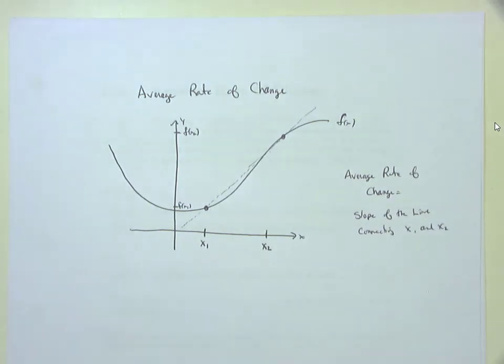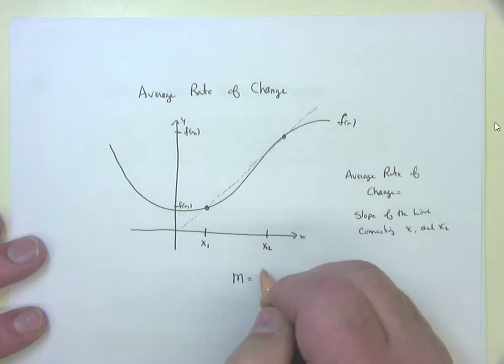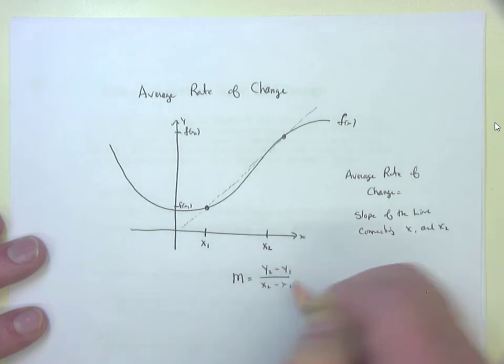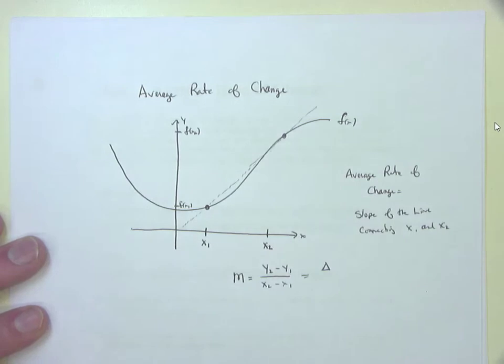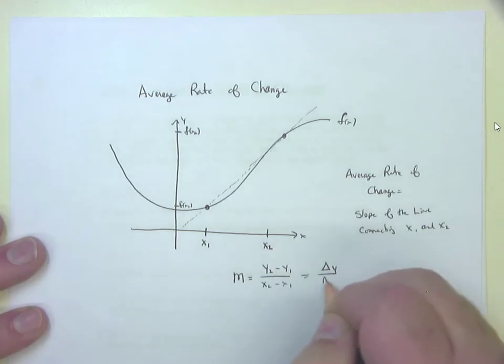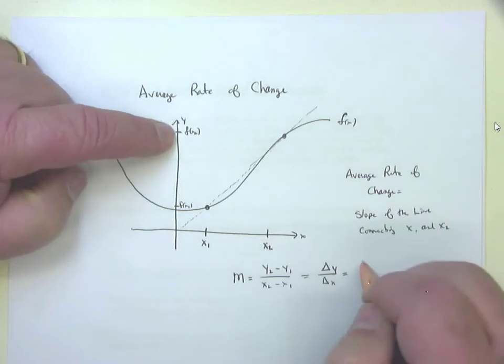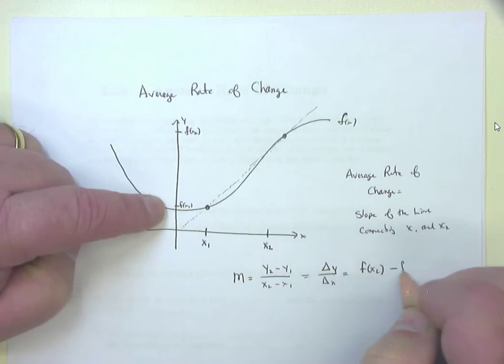Now, what was that formula for slope of a line? You remember? Slope, the symbol is typically m. What was my formula? It was y2 minus y1 over x2 minus x1. You may also remember this as, what does that little delta stand for? Change in y over the change in x. But the y2 coordinate, we're going to call it, because we're using this function, it's going to be f of x2. The y1 coordinate is f of x1, over x2 minus x1.